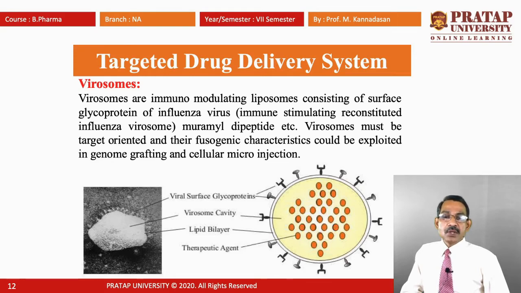In the picture you can see very clearly the viral surface glycoproteins, and the virosome cavity where the glycoprotein may be attached, lipid bilayers, and the therapeutic agent inside the core. The red dots are drug materials loaded in the virosomes.